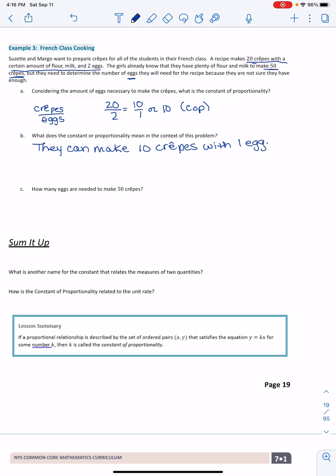So now it says how many eggs are needed to make 50 crepes? Well, 50 crepes divided by 10 crepes. They would need 5 eggs.